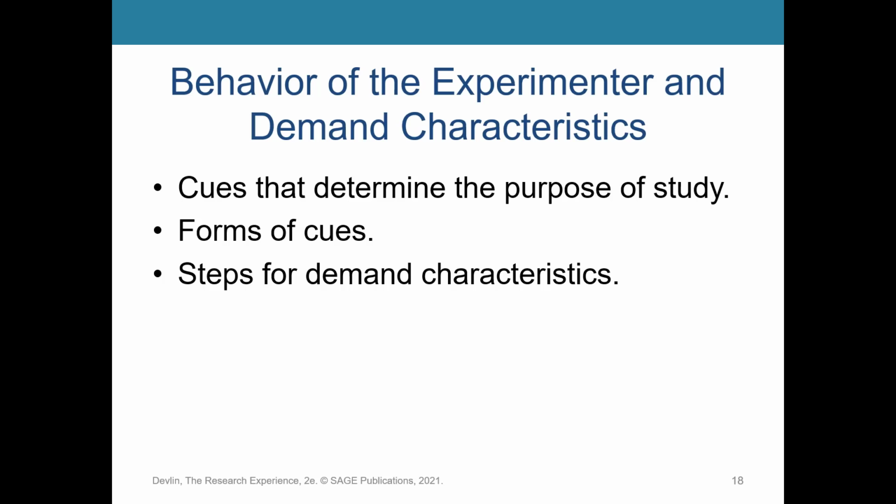There are a lot of different qualities that might give people cues. Maybe the physical testing site, the size of the room, maybe if there's only one gender in the room, they might figure out what you're doing. So we want to make sure that we remove these demand characteristics. Often what we do nowadays is computerize things, and we have set directions. So everything is basically very scripted, so that we do not inadvertently do something that would influence our participants.